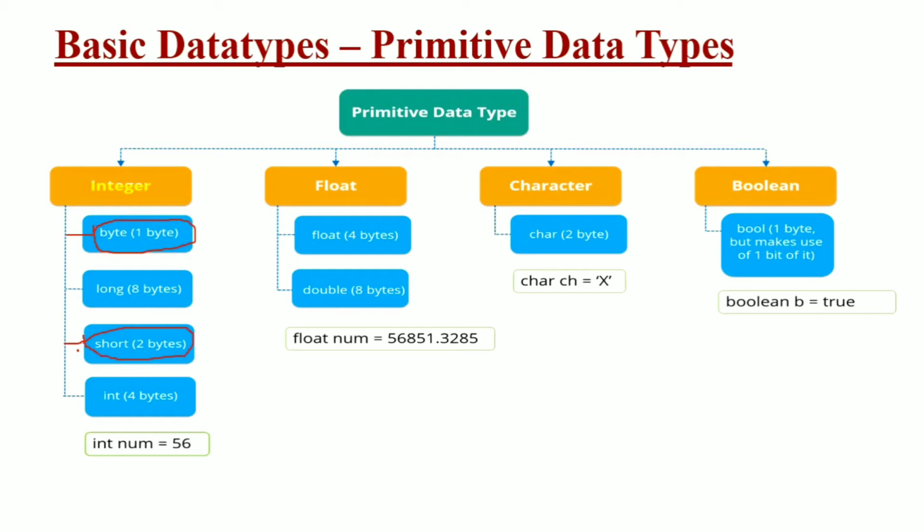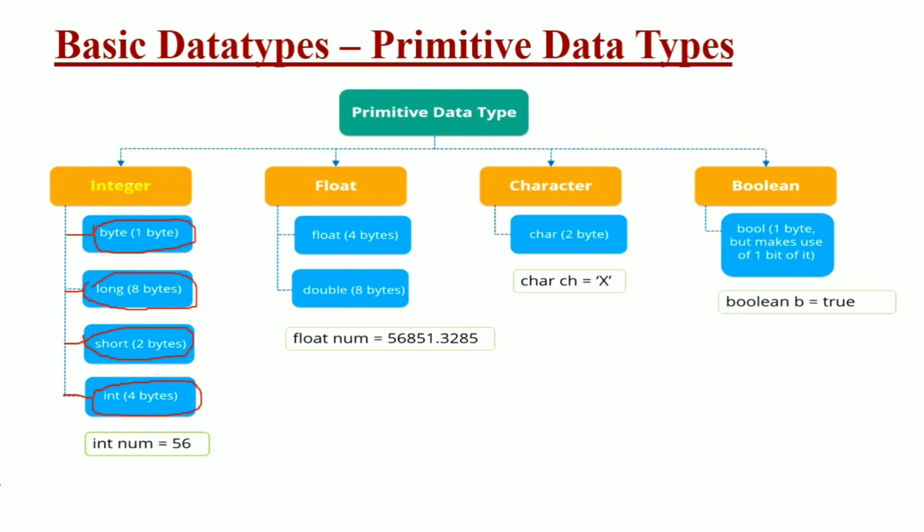Next, larger than short, we can use the int data type and it will take 4 bytes in memory. And finally, if we store a very large number, then we use the long data type and it will take 8 bytes of memory space.